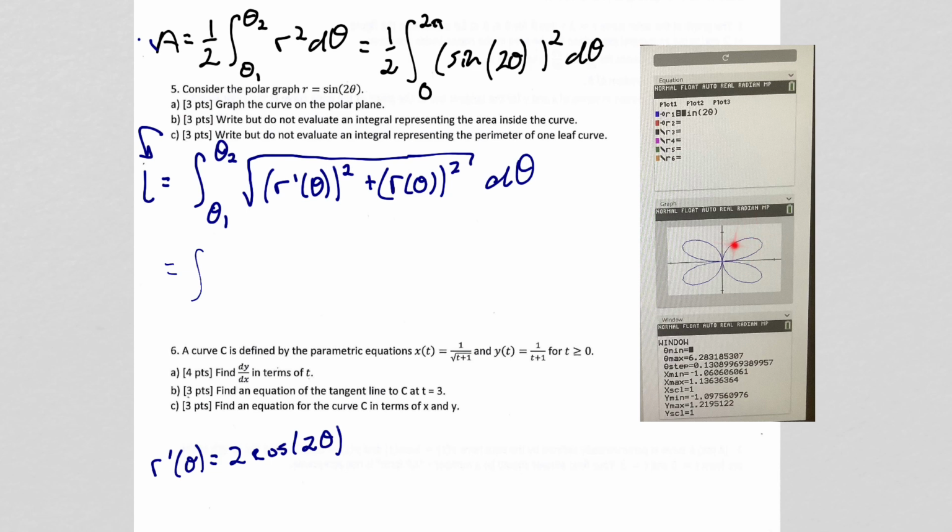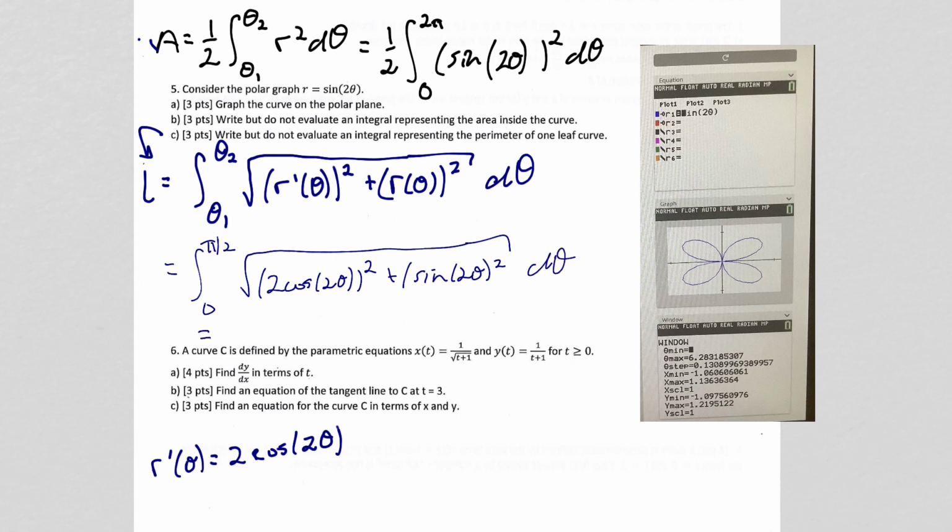So I've got to divide 2 pi by 4 to get just one piece. 2 pi divided by 4 is pi over 2. So I'm going to go from 0 to pi over 2 of the square root of 2 cosine of 2 theta squared plus sine of 2 theta squared d theta.